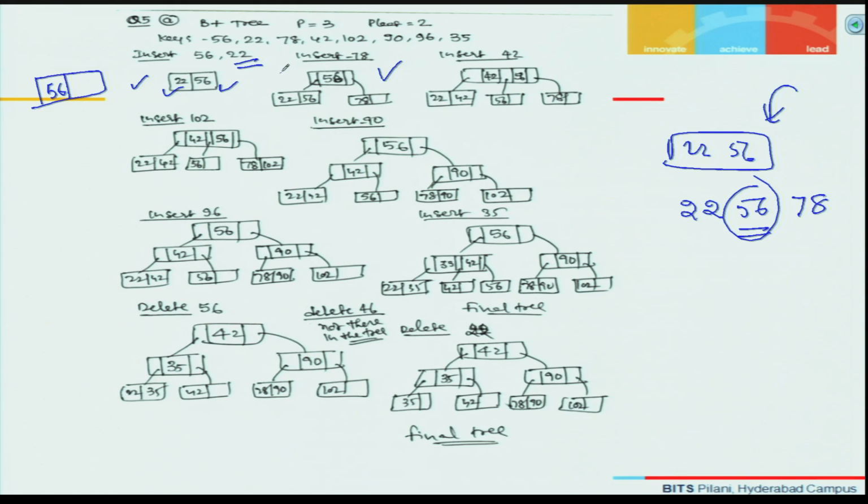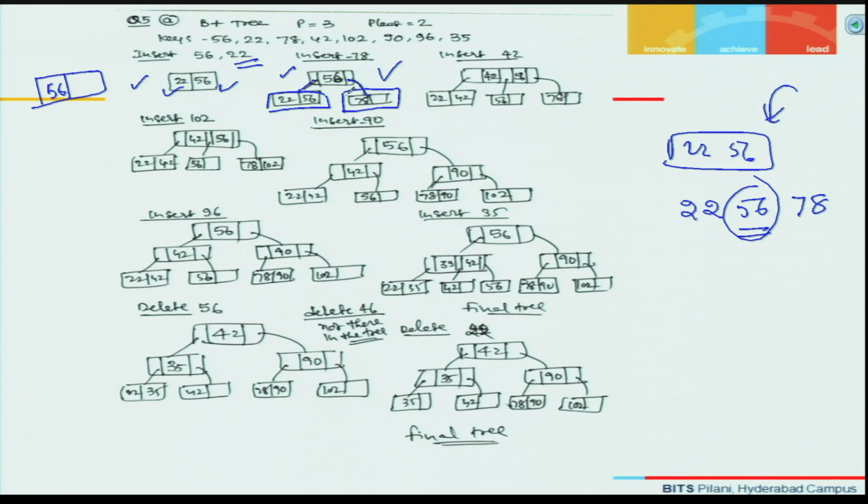So 56 goes to the next level, and the keys less than or equal to 56 are pointed to by the left child, and those greater than 56 by the right child. Hence 22 and 56 will be in this leaf, and 78 in this leaf.